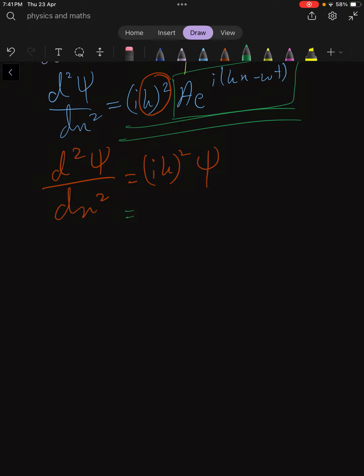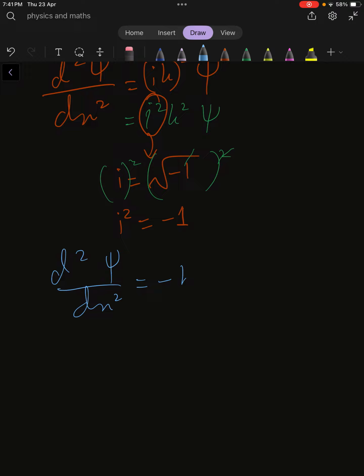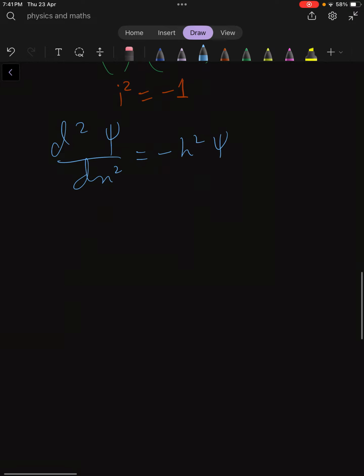Then if I multiply the square in, I get i squared k squared psi. Now what is i squared? We know that i is equal to the square root of minus 1, so the square root cancels and we get minus 1. So this equation becomes d squared psi over dx squared equals minus k squared psi.